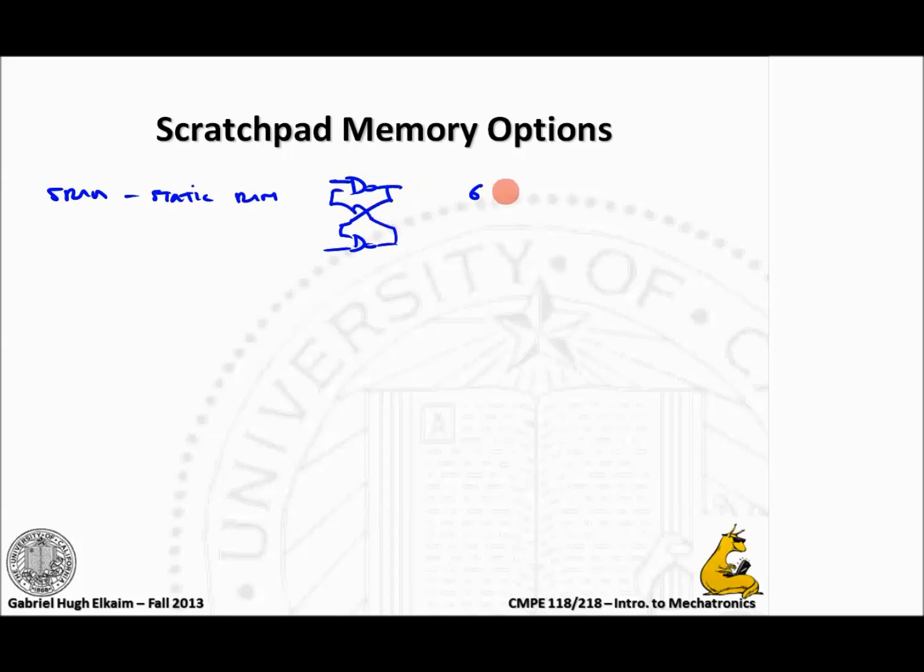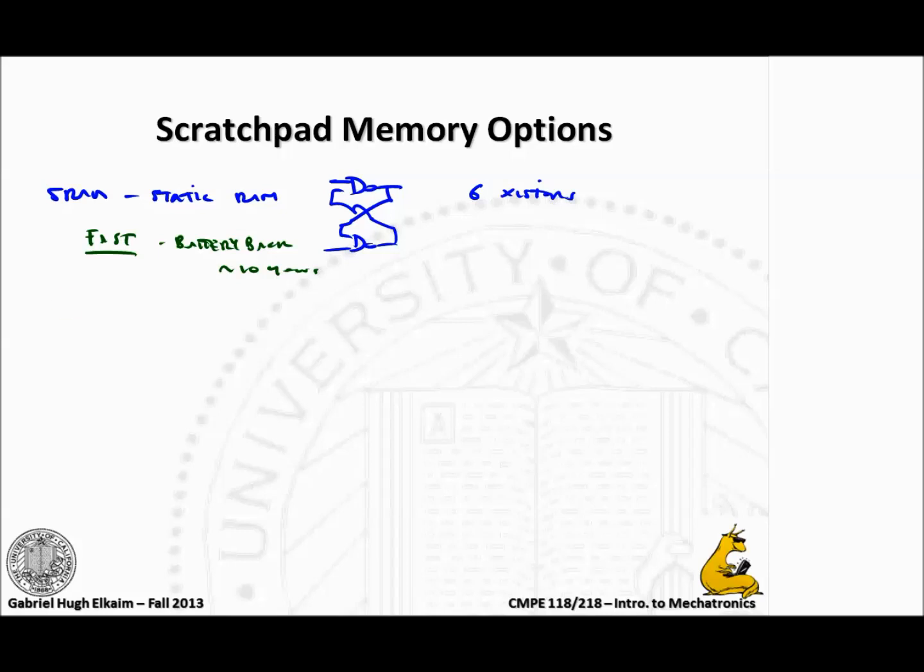And so you need 6 transistors. And the good news is it's fast, really fast. And if you battery back it, you can easily get 10 years off a little coin cell battery, so it's not going anywhere.